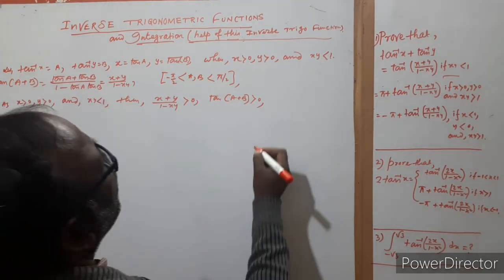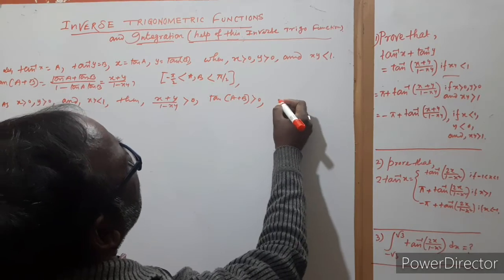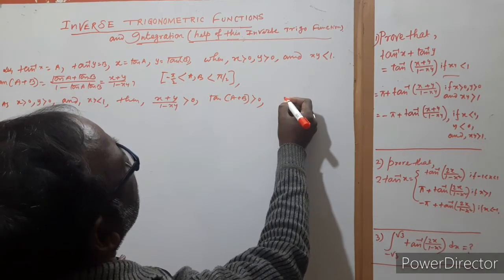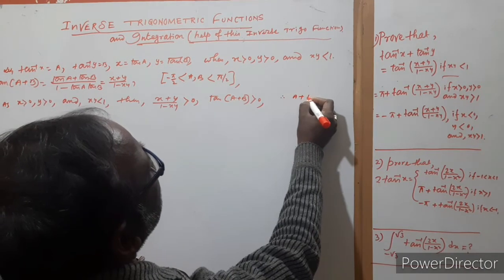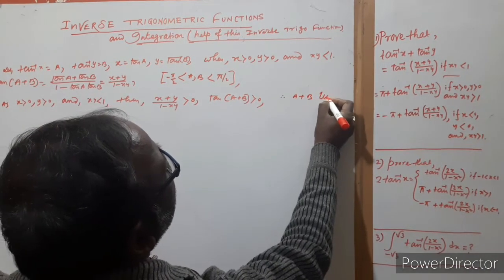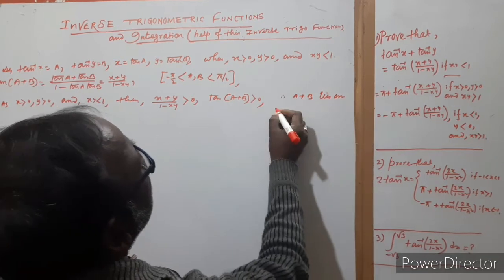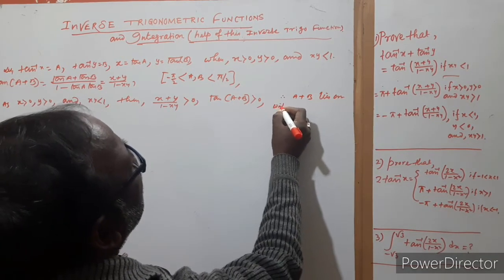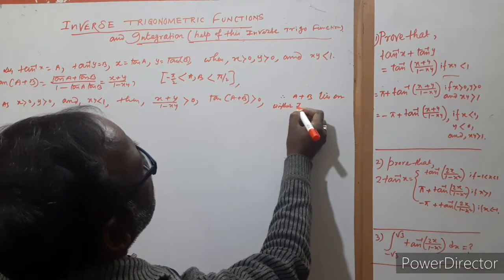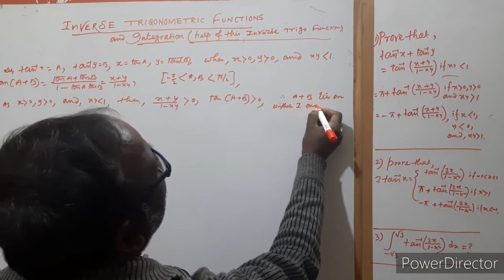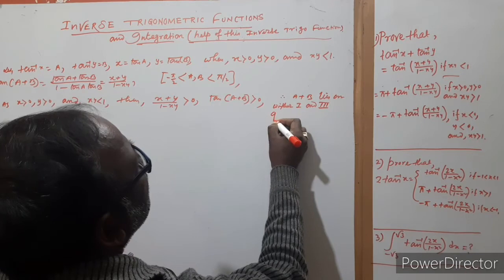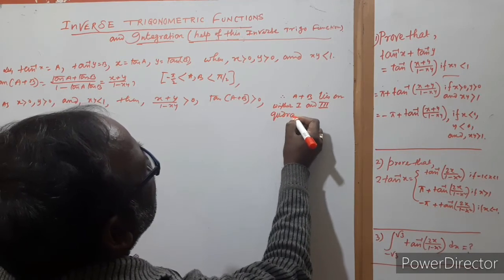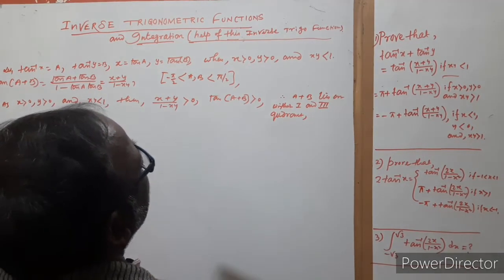So a plus b lies on the first and third quadrant. Therefore a plus b lies on either the first or third quadrant.